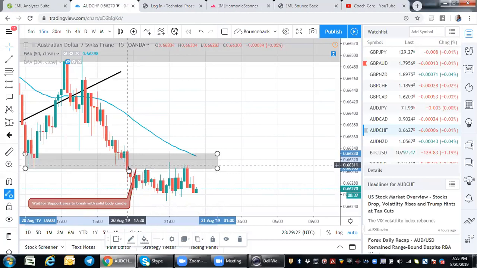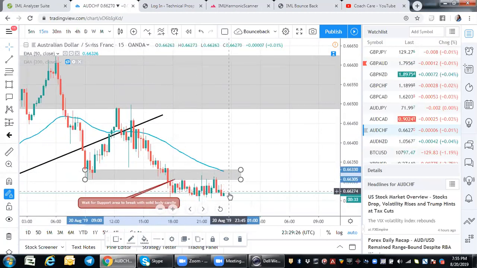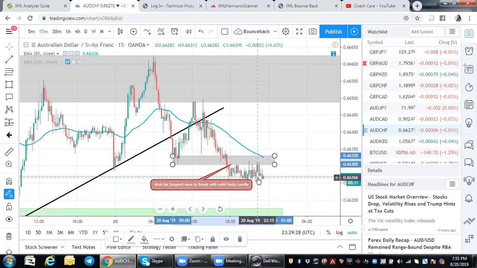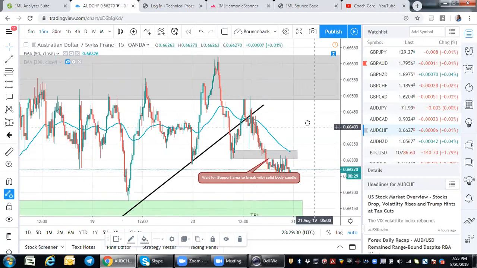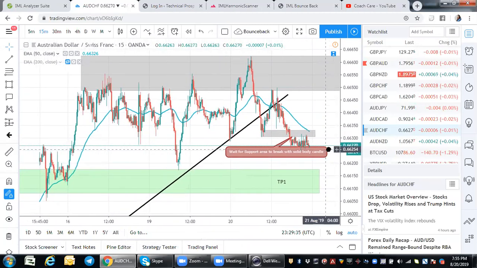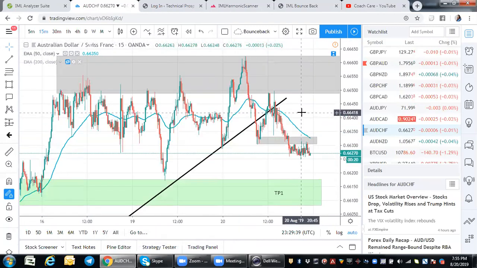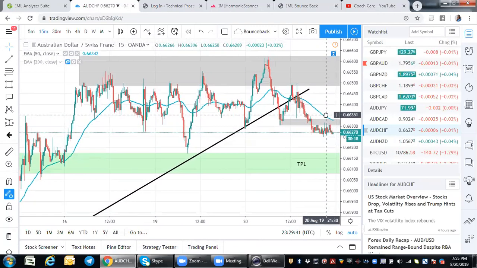So what's happening now? We got a break of support, right? The trade is ranging, but I do expect this to drop now. And you can take a screenshot of this because I already have the take profit zone set there.